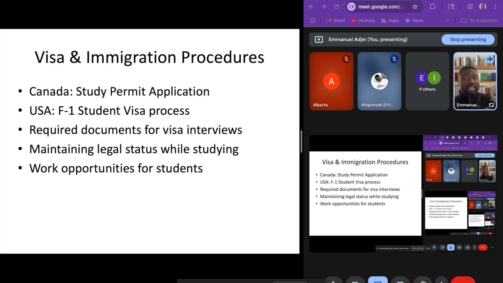Once you go for your biometric appointment, you don't do anything again in your study permit application. You just come home, sit quietly, and wait for the Canadian consulate to give an update on your application.